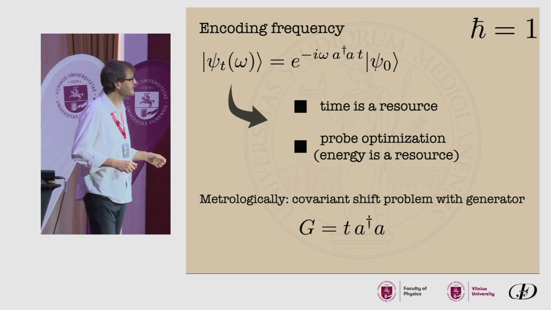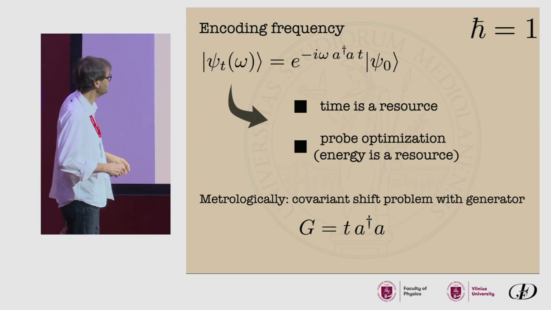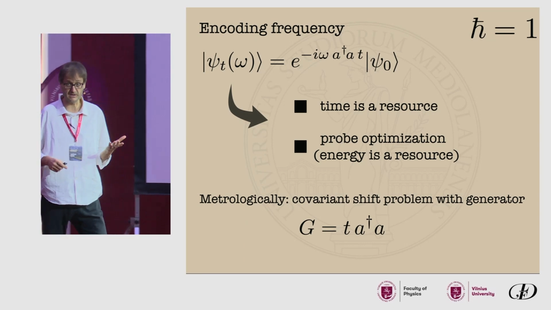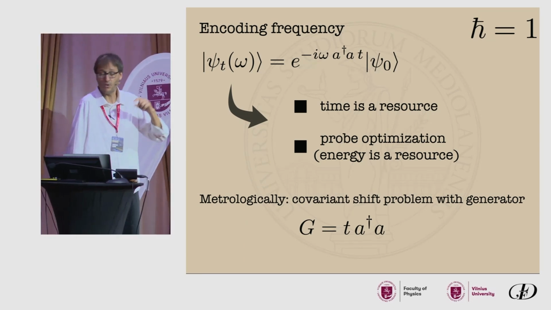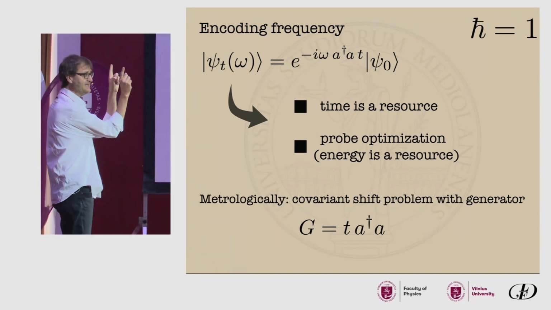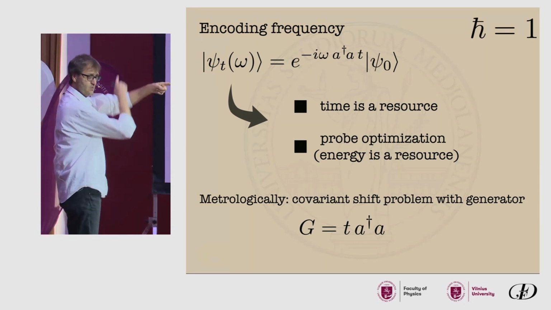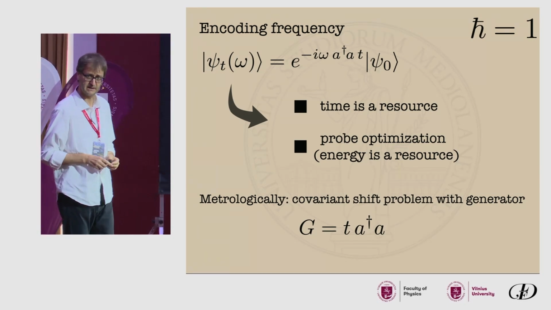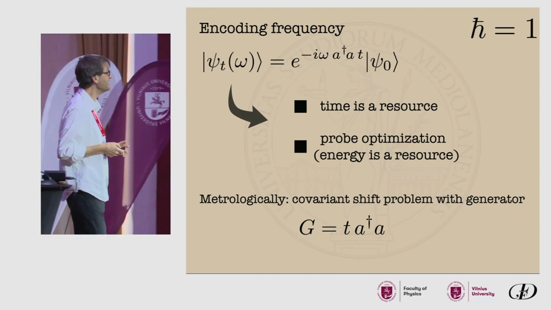After you realize this, you understand that time is a resource, because the more time you have at disposal, the more information you are encoding, meaning that tiny differences in frequency accumulate when you have more time, and so discrimination of different frequencies becomes easier.